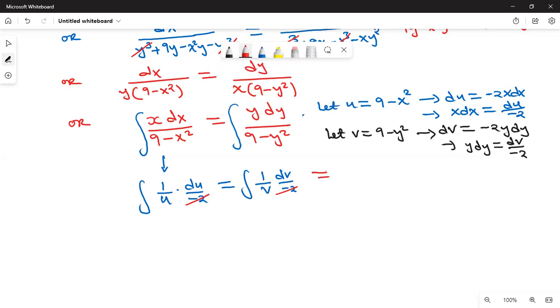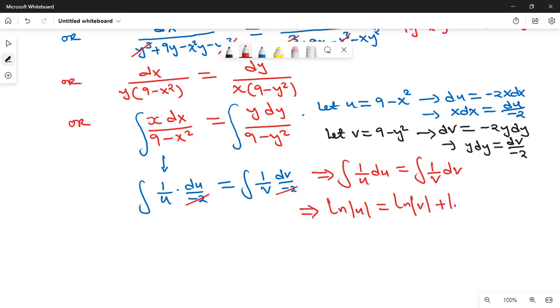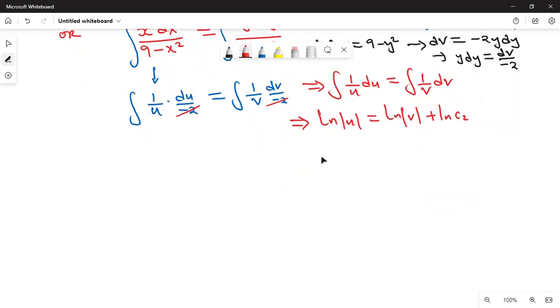Now we are just talking of the integral of 1 over u du is equal to the integral of 1 over v dv, of which if you integrate, we are going to get ln u equal to ln v plus ln c2. And if you apply the laws of logarithms, you're going to get u over v is equal to c2.